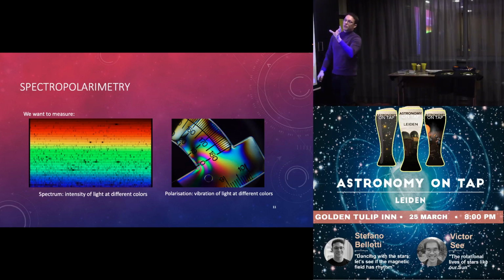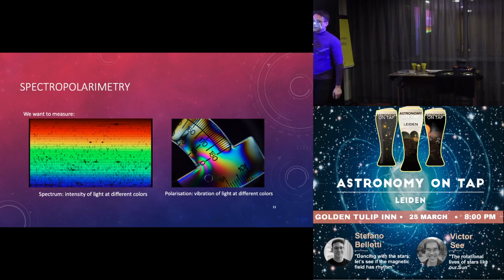And polarimetry basically records how light vibrates in different directions. So what we want is to study how intense the colors are and the direction in which they vibrate at the same time. That's why we compress everything into one word.